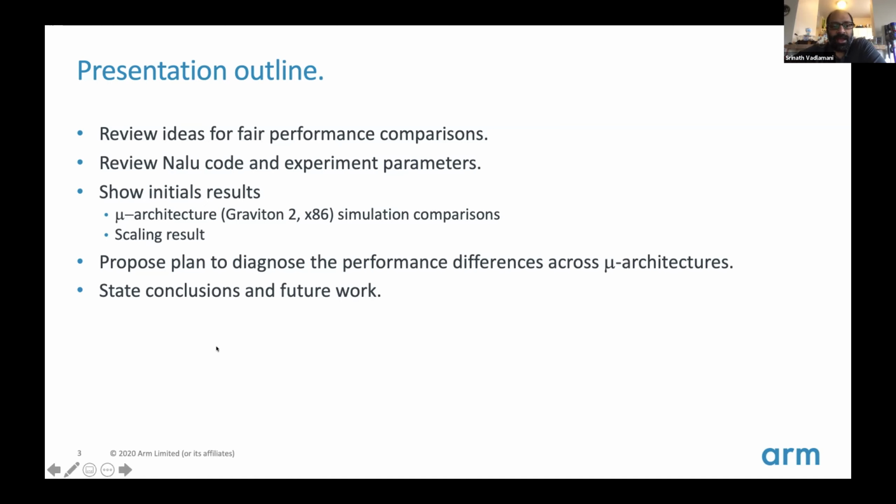And then I will show you the results themselves, particularly scaling results, and declare what the differences are with regards to the actual microarchitectures that I'm comparing. Then I'll follow up with a proposed plan to diagnose the performance differences we see across the architectures and conclude with some future work that is actually happening right now.